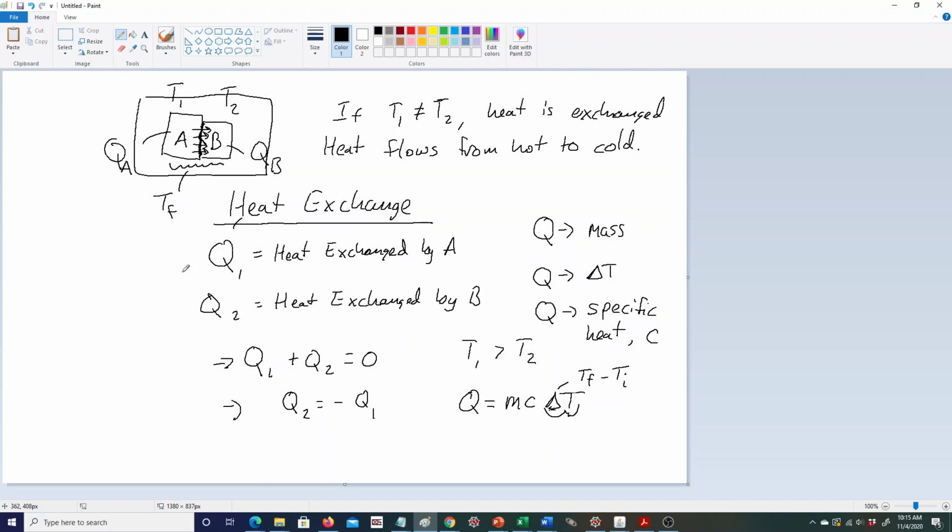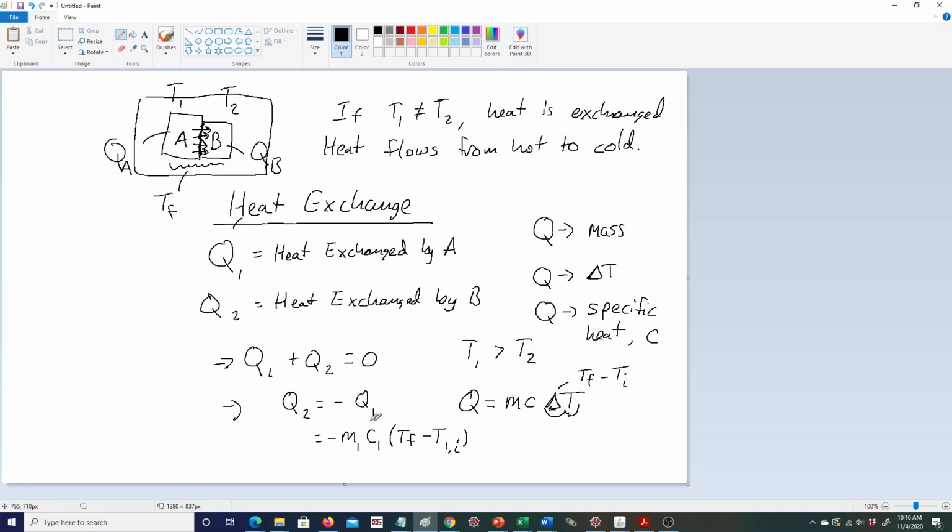So the amount of heat lost by object 1 is going to be equal to negative the mass of object 1 times its specific heat times the final equilibrium temperature of the system minus its initial temperature.